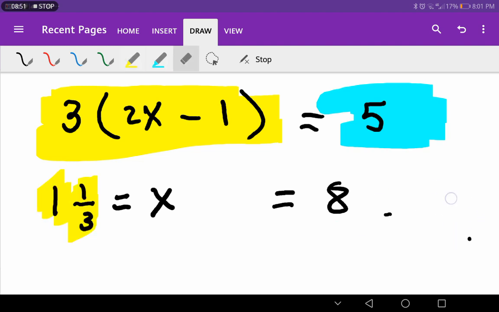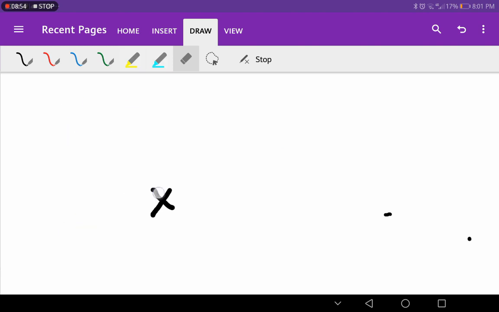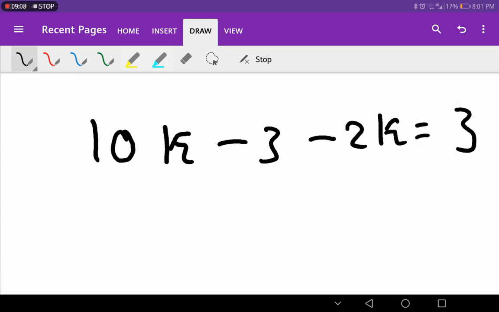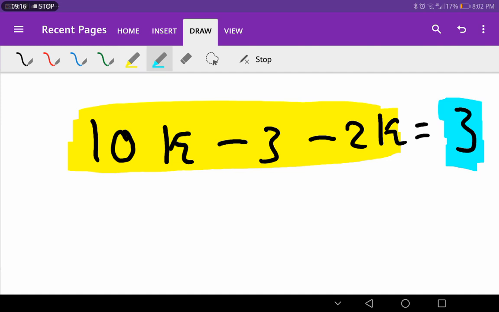Last example, and you will be happy, my dear student. Suppose we have 10k negative 3 plus, or negative, 2k equal 3. How do we solve this? First of all, we determine the left side. Oh my god, it is a long side, and this is the right side.